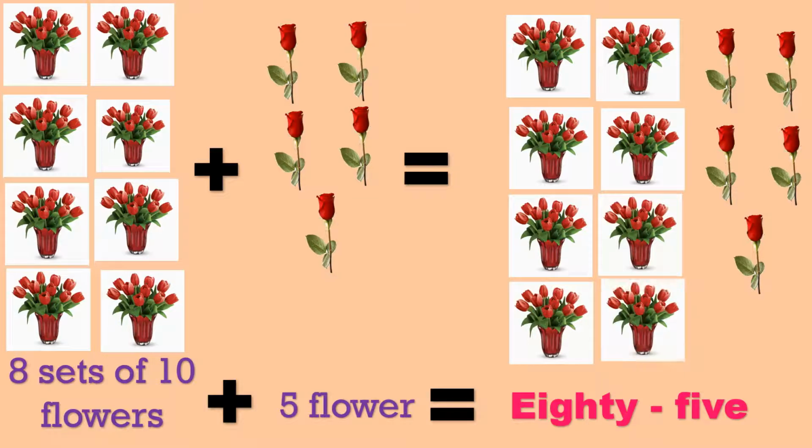Add 5 more flowers. 1, 2, 3, 4, 5. 85 flowers in all. 8 sets of 10 flowers, add 5 more flowers, equal to 85 flowers in all.